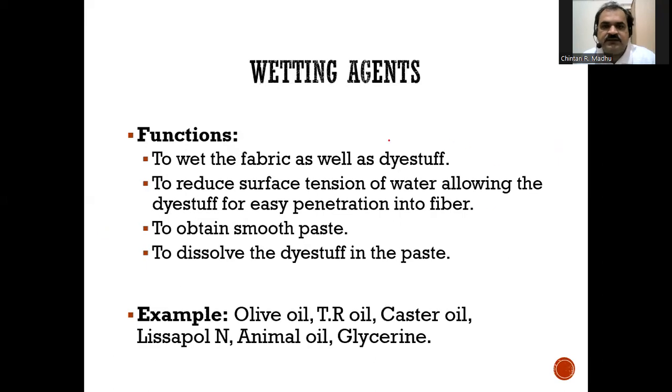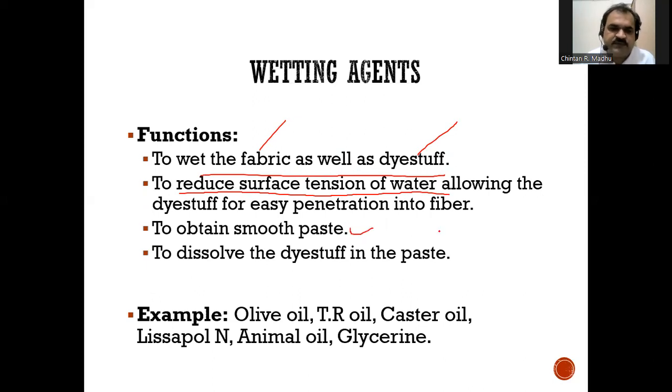Okay, so these are the functions of the wetting agent which we have discussed: to wet the fabric as well as the dye stuff, that means it will reduce the surface tension of both. As we wrote here, it reduces the surface tension of water, allowing the dye stuff easy penetration into the fiber.